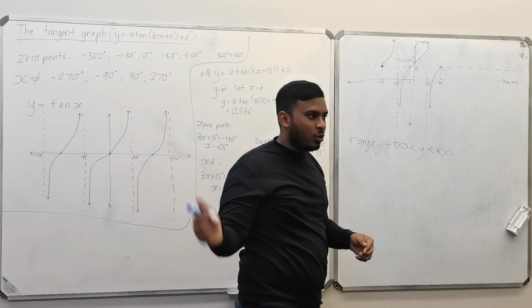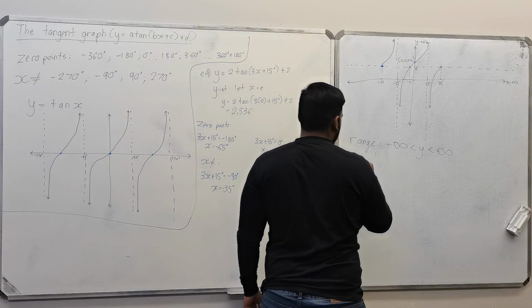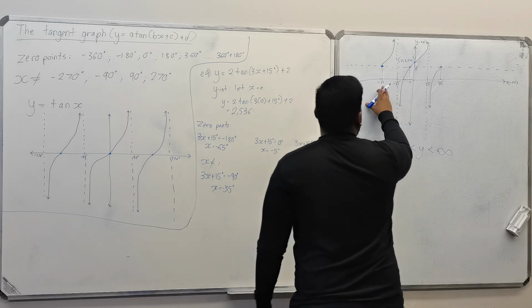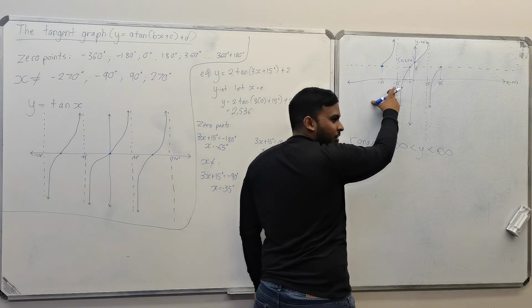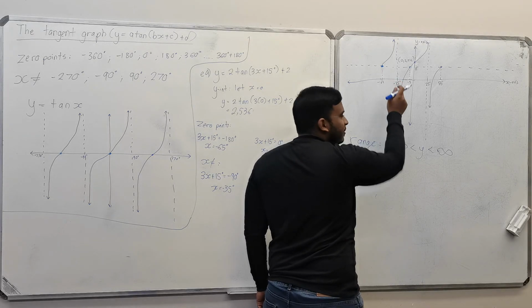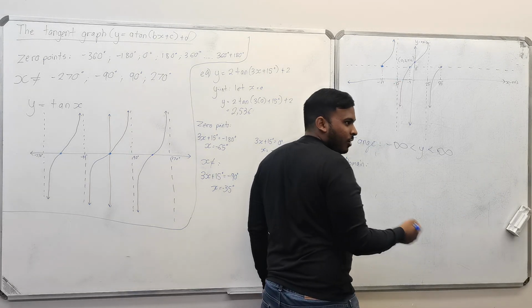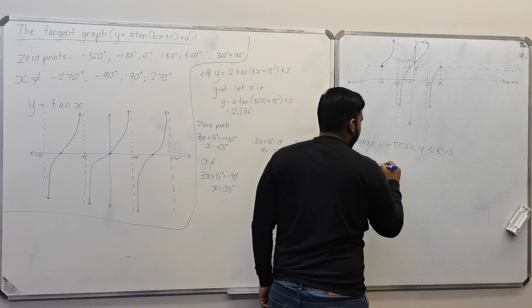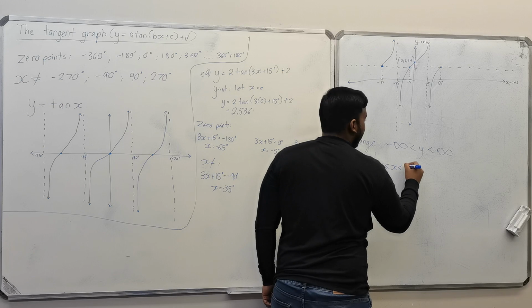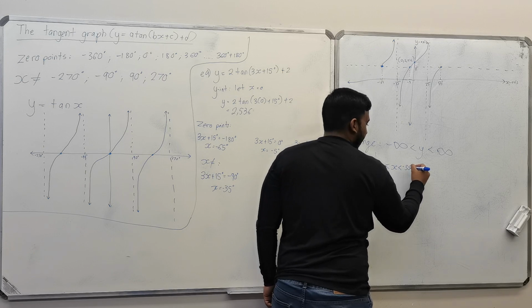But if you look at the domain, your domain of this graph is from negative 65 to negative 35. You have values for x. At negative 35, do you have a value? No. So it will be negative 65 less than or equal to x less than negative 35.